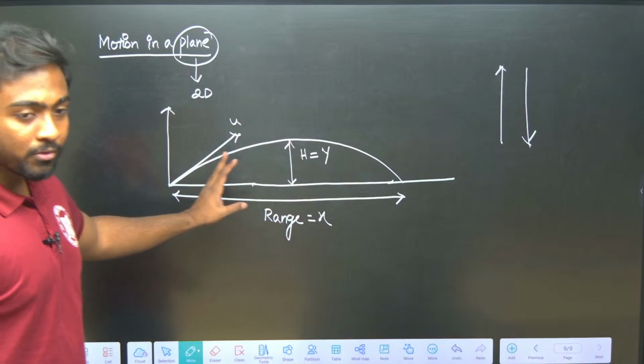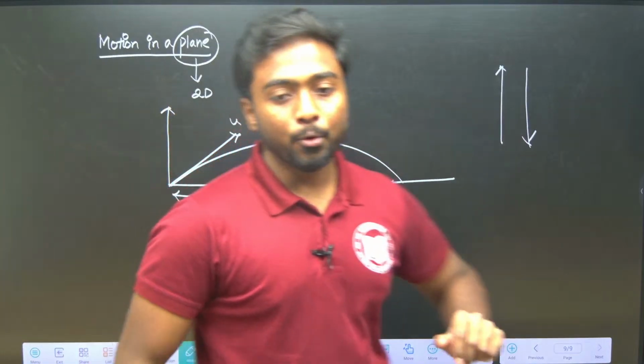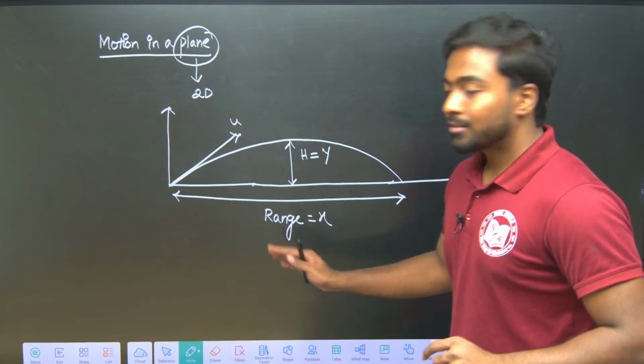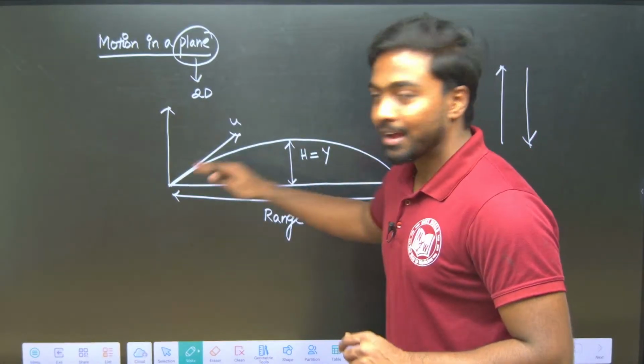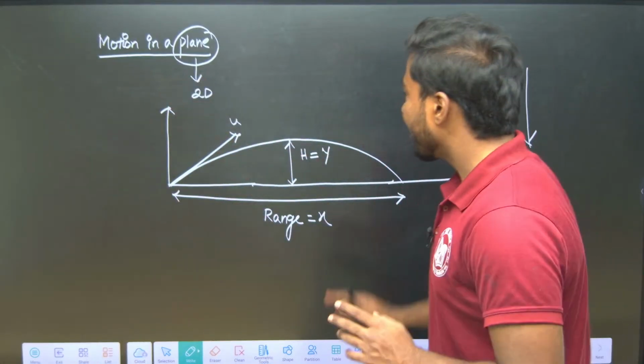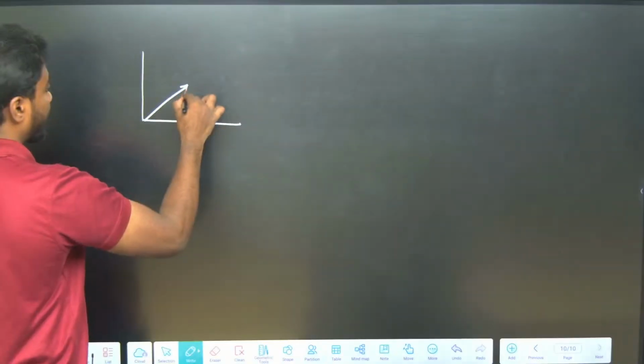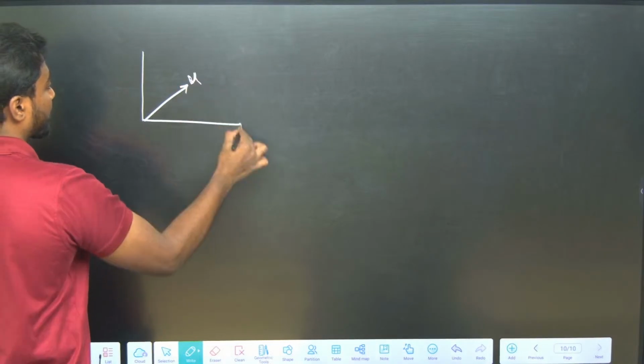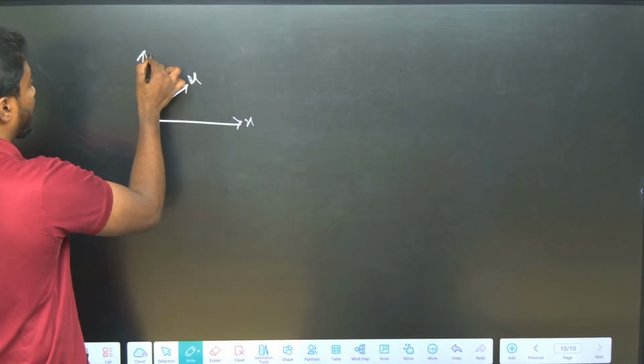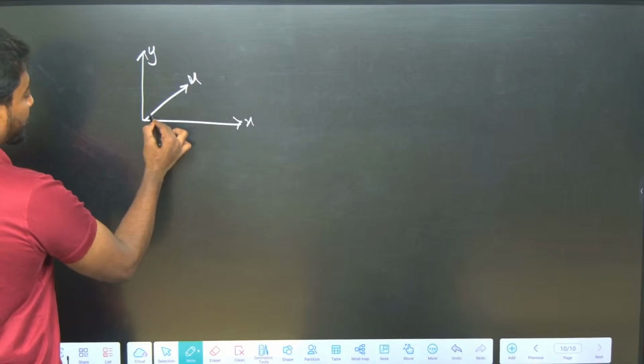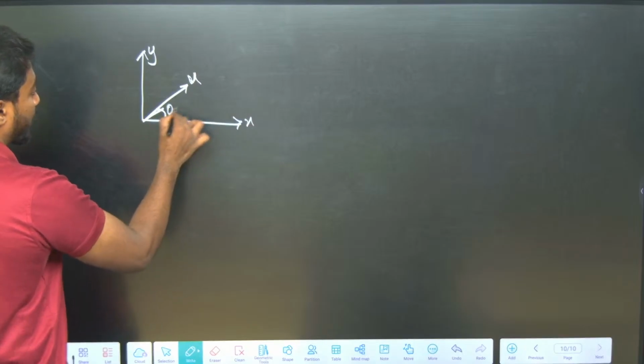Can we use the vector components first of all to separate the x axis as well as the y axis? Let me take the diagram here. This is u, this is my x axis and this is my y axis. The object has made some angle theta over here.